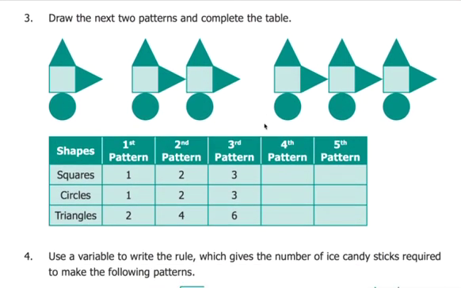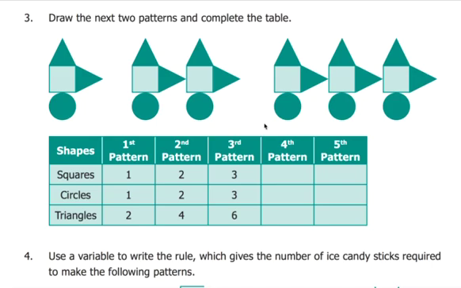Draw the next 2 patterns and complete the table. First pattern, number of squares 1, number of circles 1, number of triangles 2. Second pattern, number of squares 2, number of circles 2, number of triangles 4. Third pattern, number of squares 3, number of circles 3, but number of triangles how many? 6.